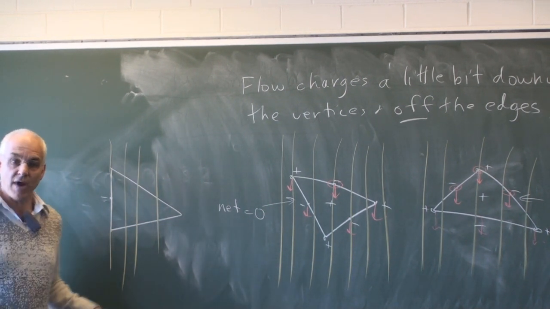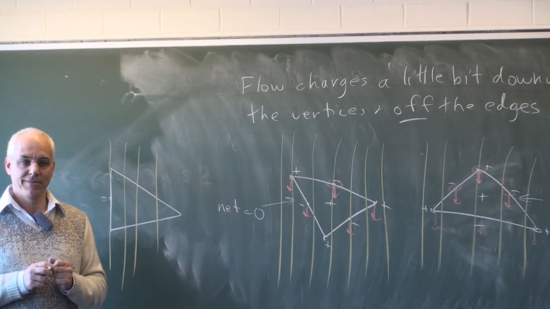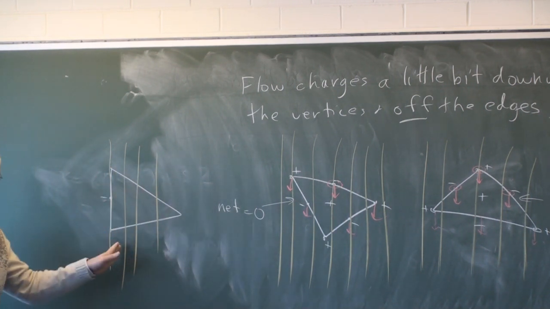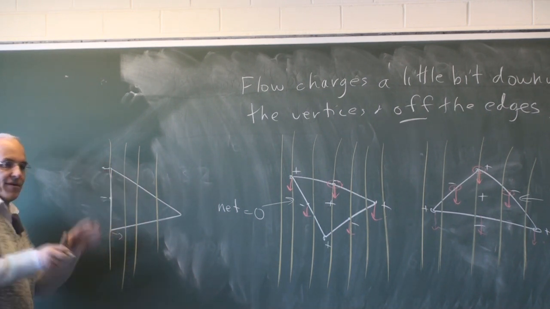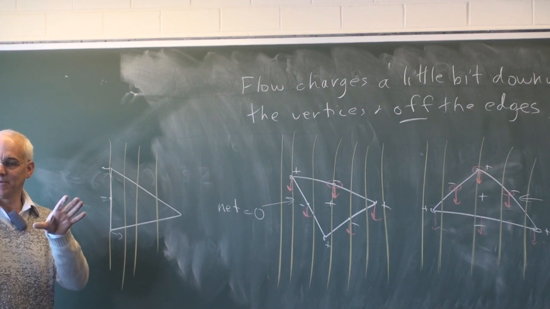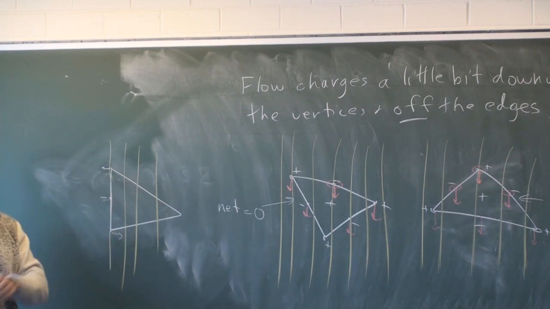And the way we arrange that beforehand is just by jiggling our pattern. Okay? If this edge is exactly along here, if we just move the pattern a little bit, then that edge is no longer going to line up with the meridian line.